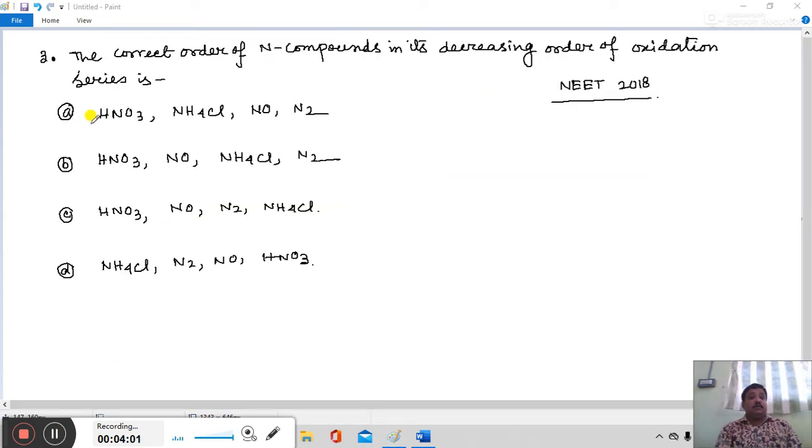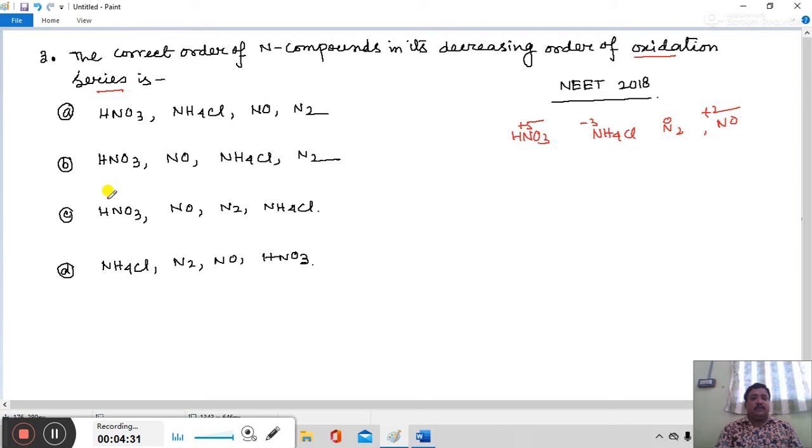Now the third question is: the correct order of N compounds in decreasing order of oxidation state. There are 4 compounds to arrange by their oxidation state. Now we know the oxidation number of N in HNO3 is +5, in NH4Cl it is -3, in N2 it is 0, and in NO it is +2.